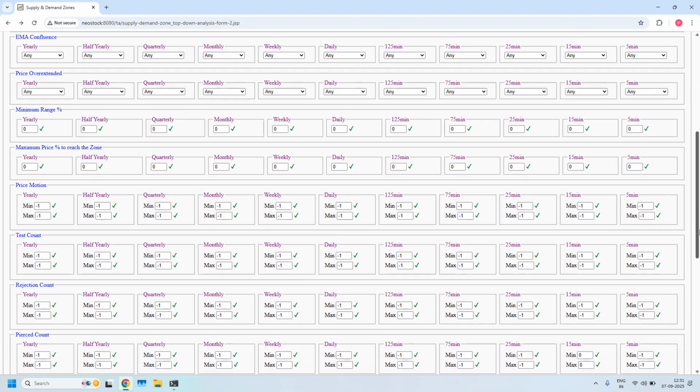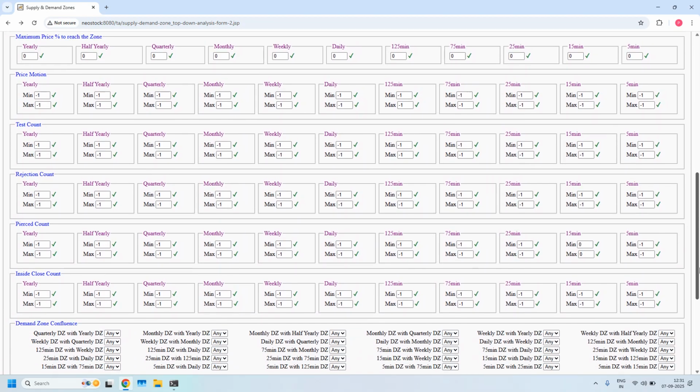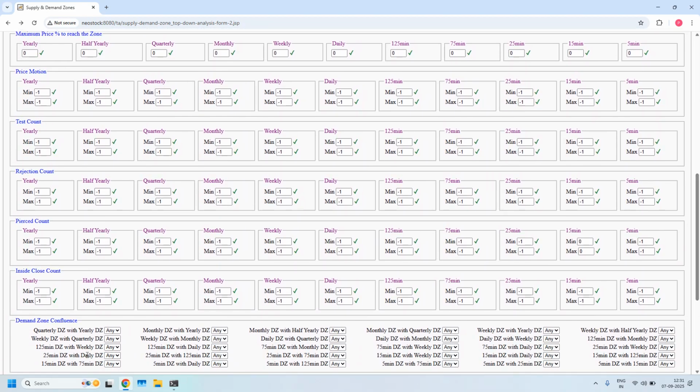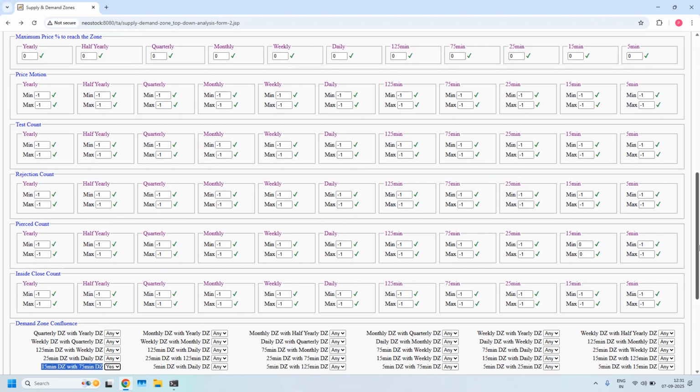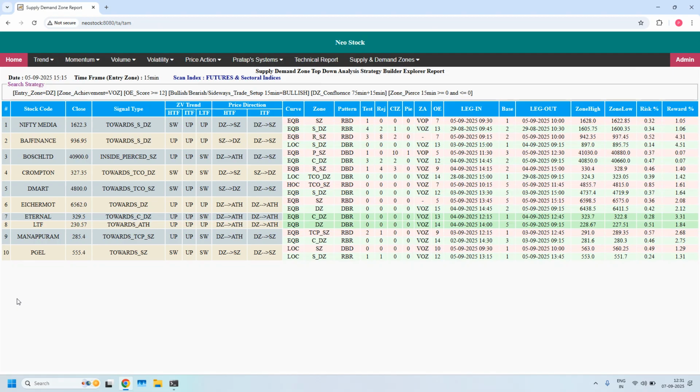So in the demand zone confluence, I am enabling the filter 15 minutes and 75 minutes demand zone confluence. Applying on the 10 stocks, we got all 10 filtered. That means in all these stocks, the 15 minutes demand zone overlapped with the 75 minutes demand zone.